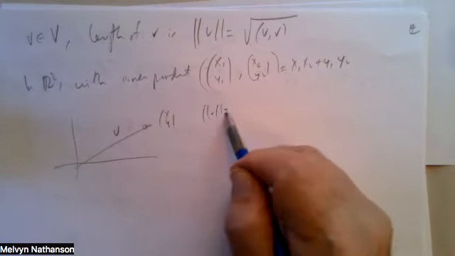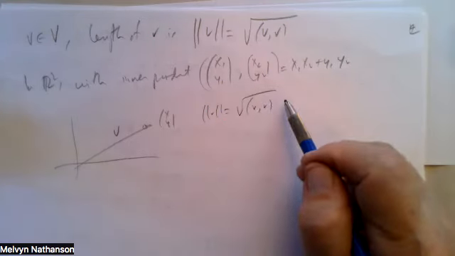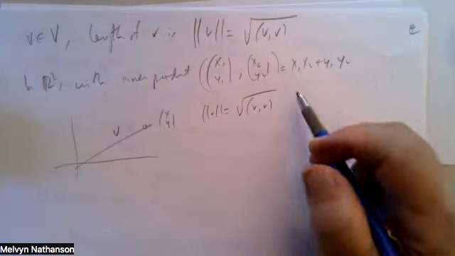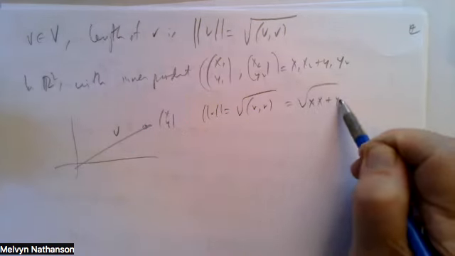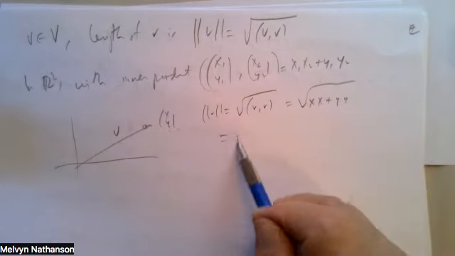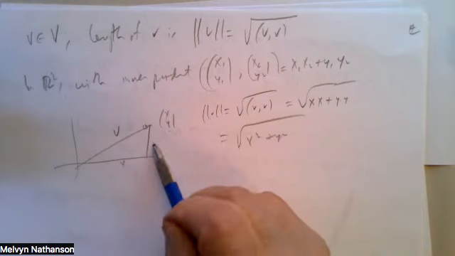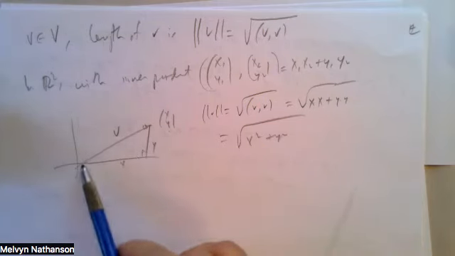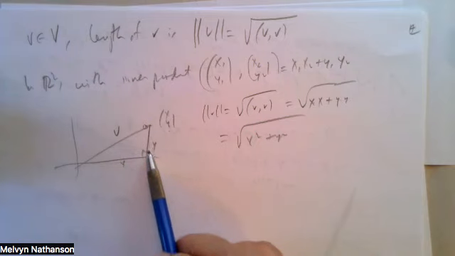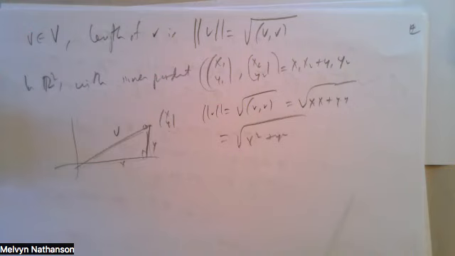What's the length of v? It's the square root of the inner product of v with itself. The inner product of xy with itself is x times x plus y times y. That's the square root of x squared plus y squared. Right? That's just the Pythagorean theorem. You have a right triangle with sides x and y. The hypotenuse has length square root of x squared plus y squared.